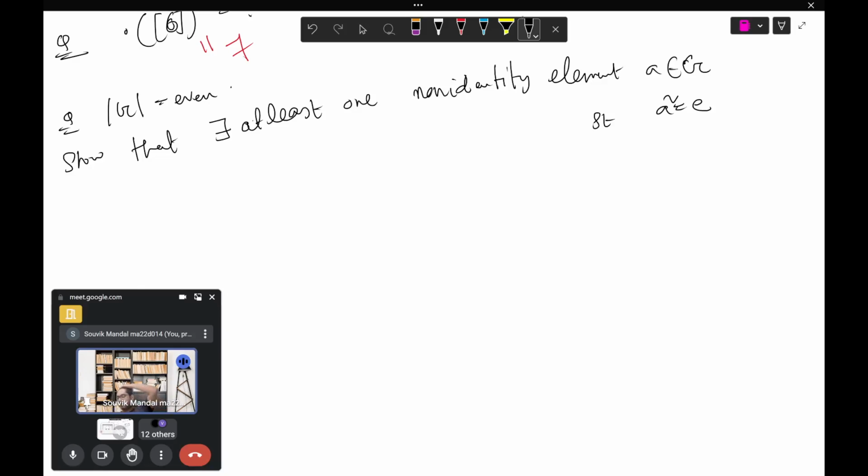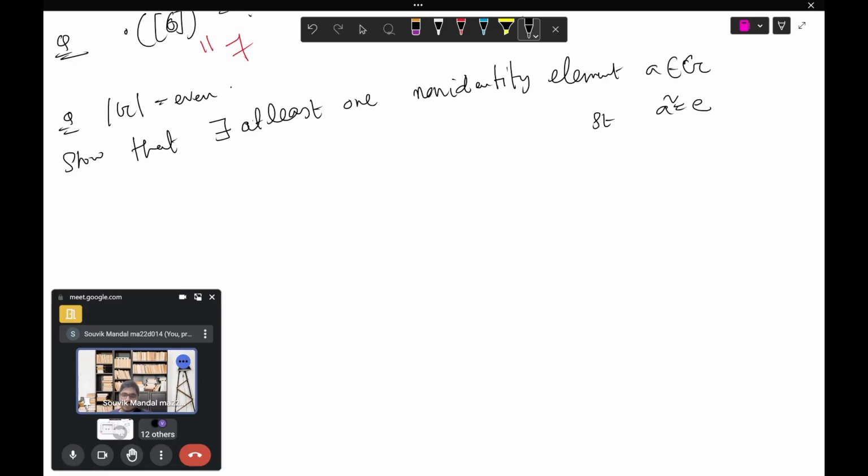So G is a group of even order. You need to check that there will exist at least one non-identity element a such that a squared is equal to identity. Think in an easy way. That's the only hint I can give.